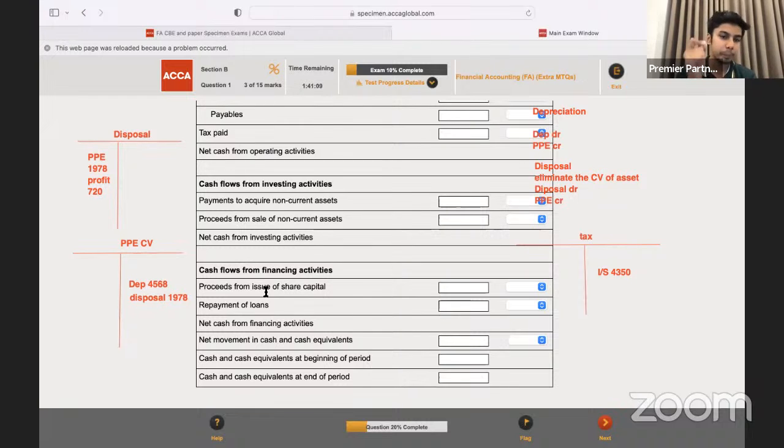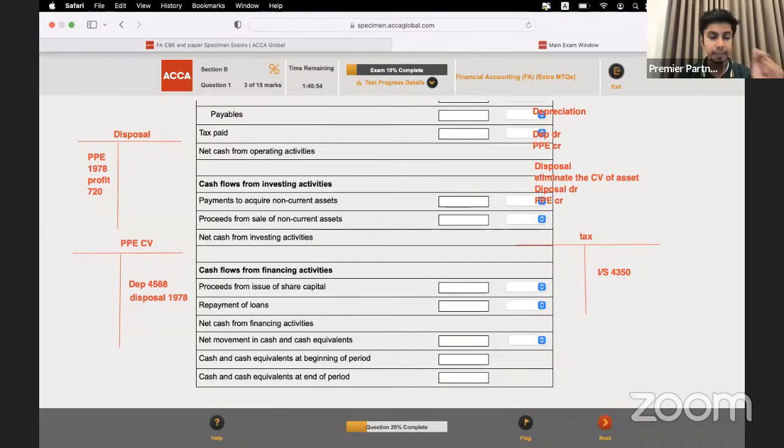If a dividend paid is there, then you should use the profit after tax inside your retained earnings account and find the answer. Understood? In your financing activity, if there is something called dividends paid, then you should take that profit, prepare a retained earnings account, and from the retained earnings account only, you should find dividends paid.